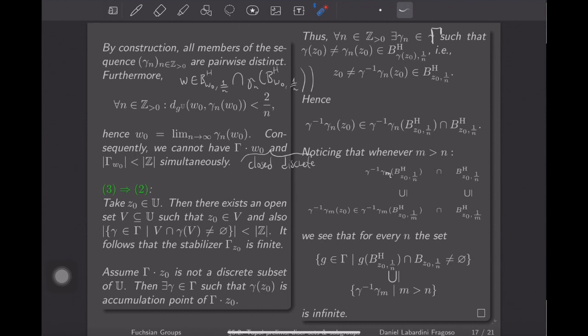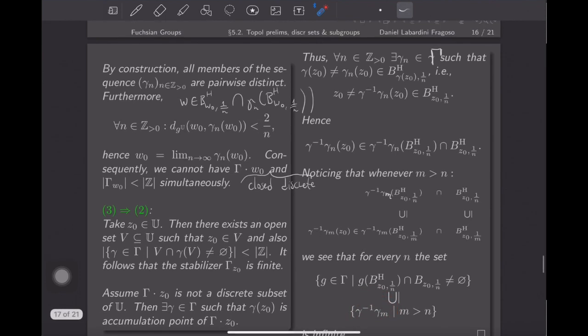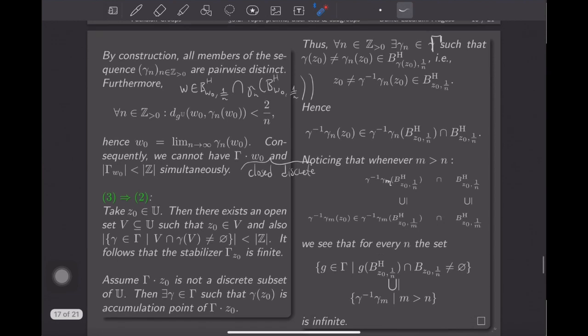And this is infinite because all these points are different, because the sequence is not stationary. So these points are eventually all pairwise different.